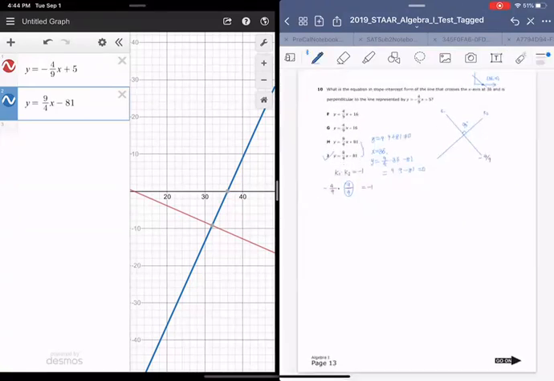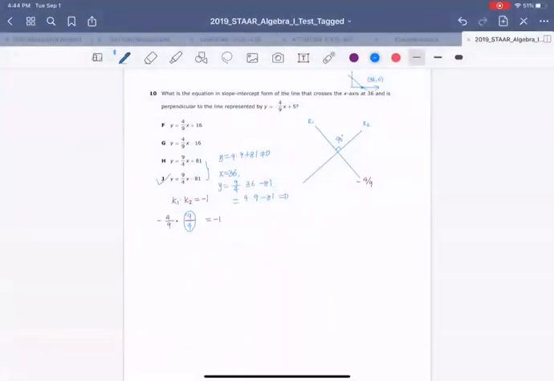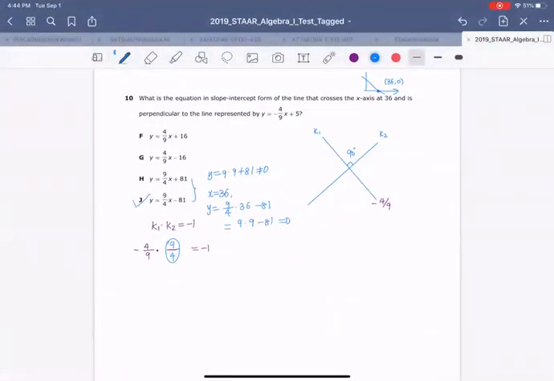Or you can also use the point slope format. You pass 36, 0. I taught you the point slope format. y minus y0 equals slope times x minus x0. Your x0, y0 is 36, 0. So y minus 0 equals the slope.